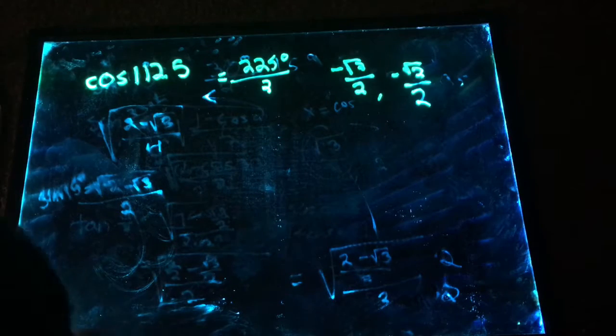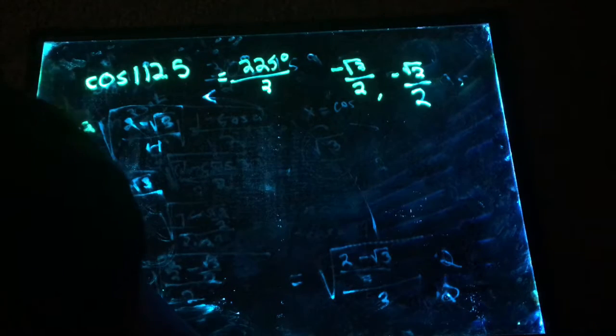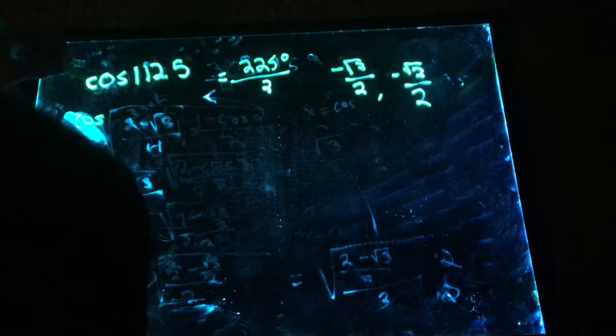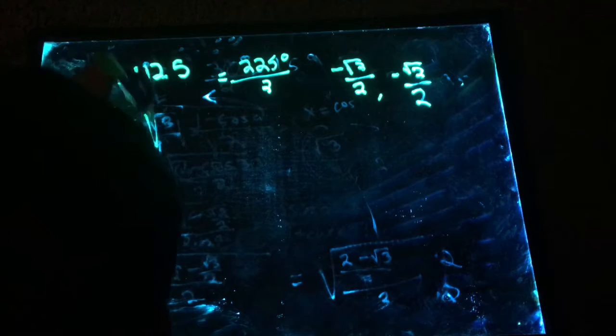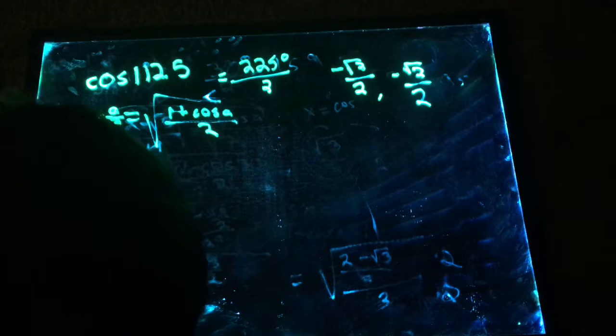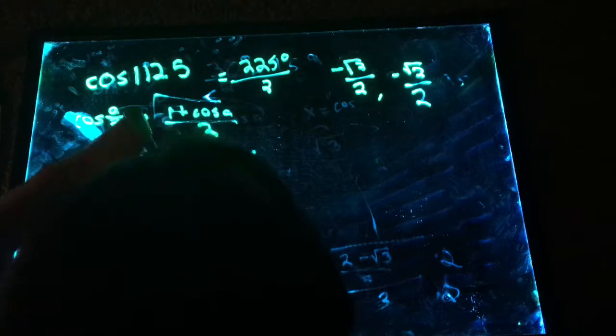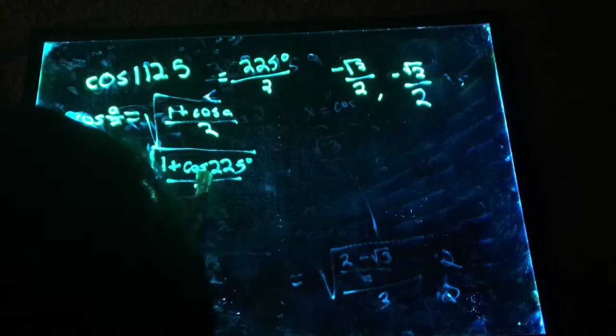And so we're going to use our cosine formula for half angles, since we're dividing the angle in half, which is cosine of A over 2 is equal to... From there, we're going to input what we know of cosine of 225 degrees, because we know cosine is always x, so we're going to be using this value.